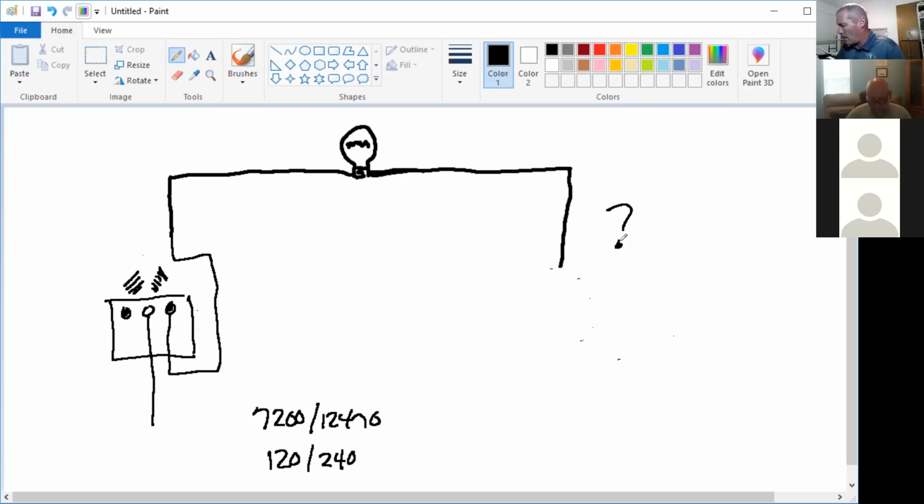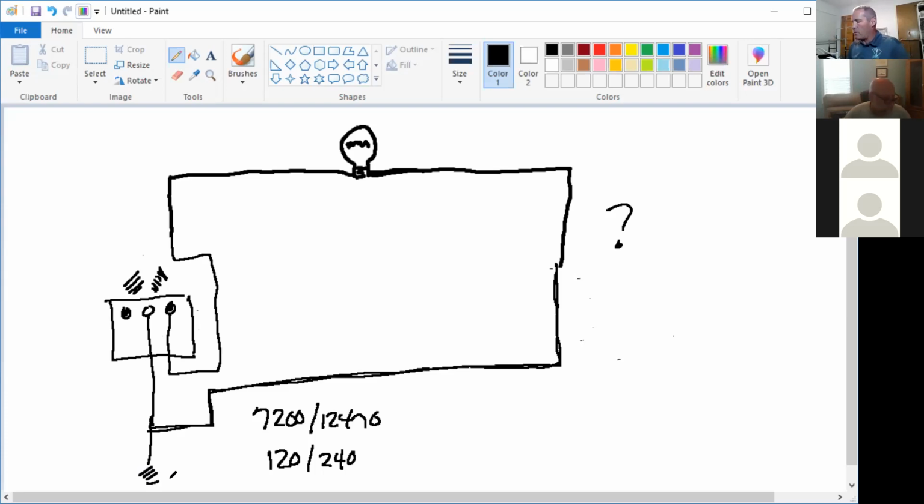A ground. There you go. Okay. And in turn, the neutral from a transformer is grounded. Now, do I have a complete path? Yeah, I do.